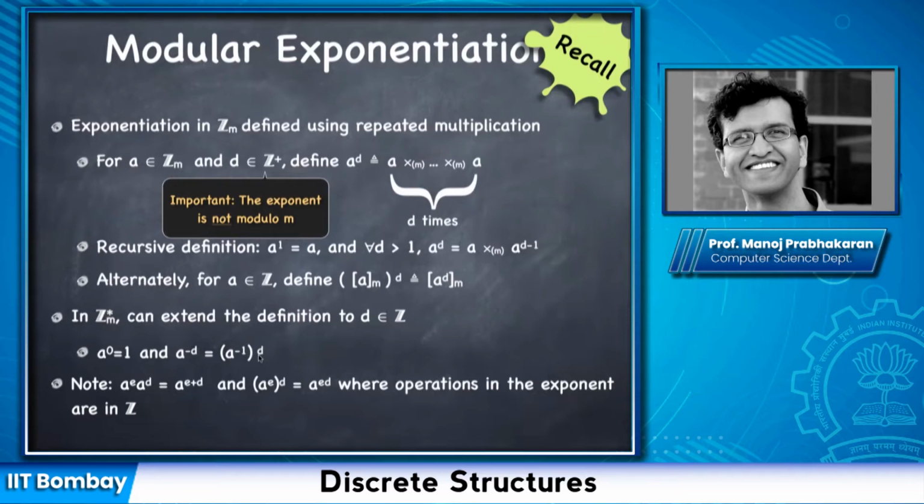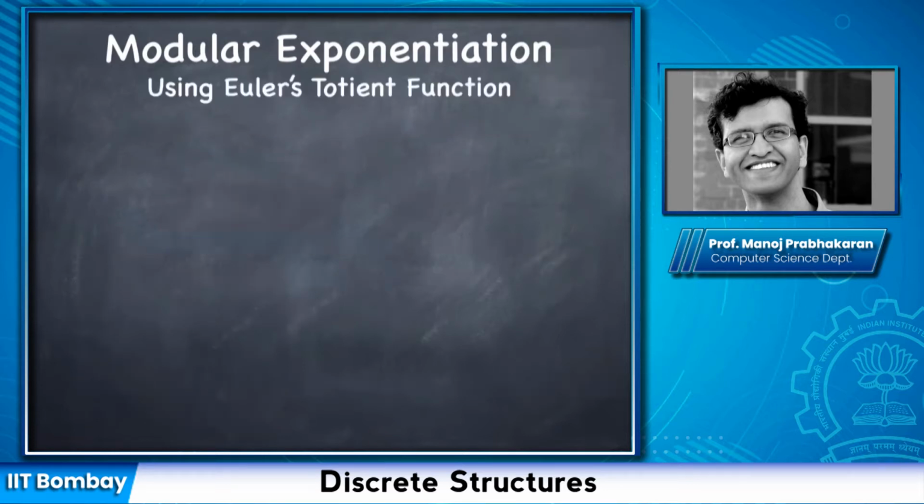And the first observation we'll have today is that we defined the exponent as an integer, but in Zm star, we might as well think of the exponent as an element in Z phi(m), where phi(m) is the Euler totient function. So let's see that it's pretty direct from the Euler totient theorem.